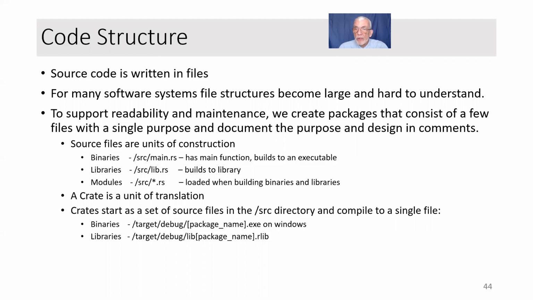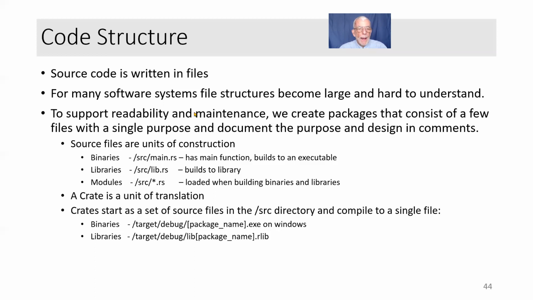Might be libraries, which are compiled separately and loaded to build a binary. A file might be a module that's loaded by the binary file. The binary, we talk about that as being the root file for the crate. It's just the top of the feeding chain. And the question is, how do we pull all that stuff together? And that's what this presentation is about.